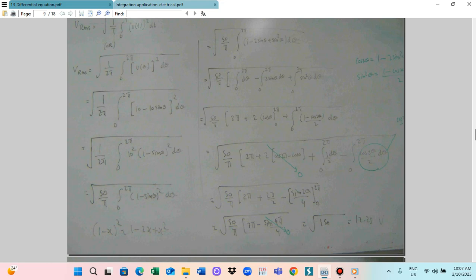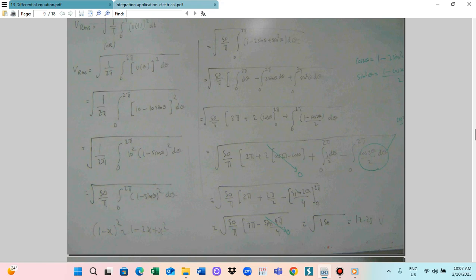Because this is a power function, 1 minus a, the whole square, is equal to 1 minus 2a plus a square. Similarly, 1 minus sin theta, the whole square, is equal to 1 minus 2 sin theta plus sin square theta.